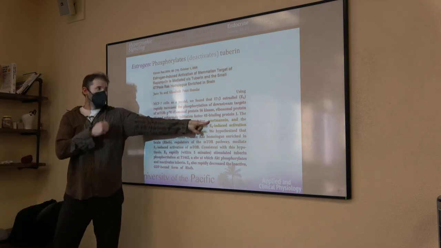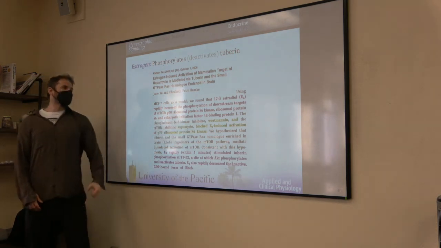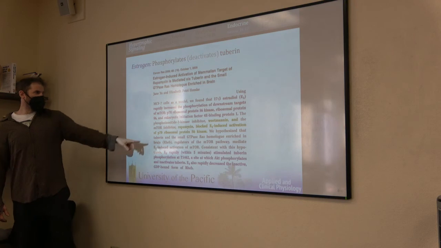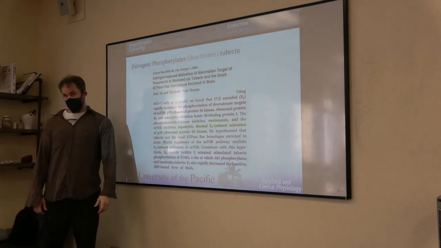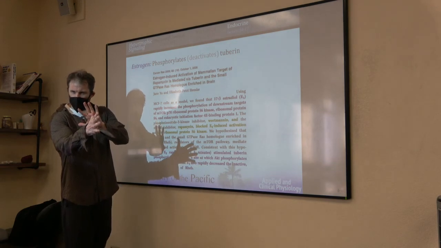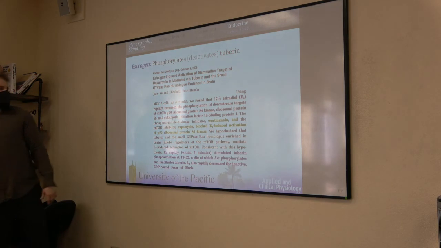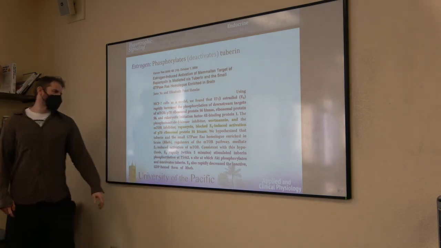Wortmannin, a PI3K inhibitor, and rapamycin blocked the estrogen-induced activation of P70S6K. Again, mTOR signaling with estrogen is turned on, but if you introduce wortmannin, it's turned off. And it's very fast. This stuff's very fast.